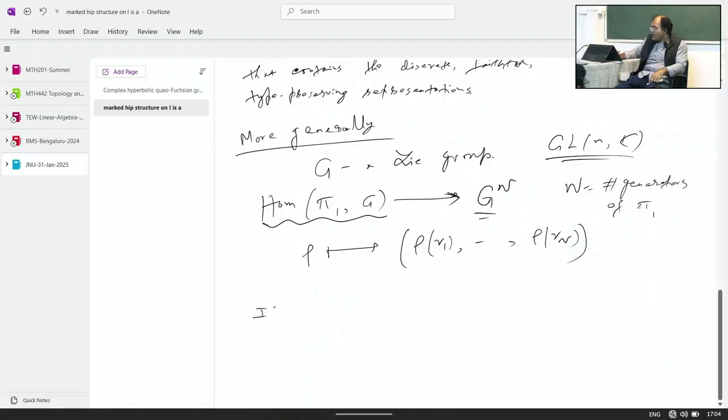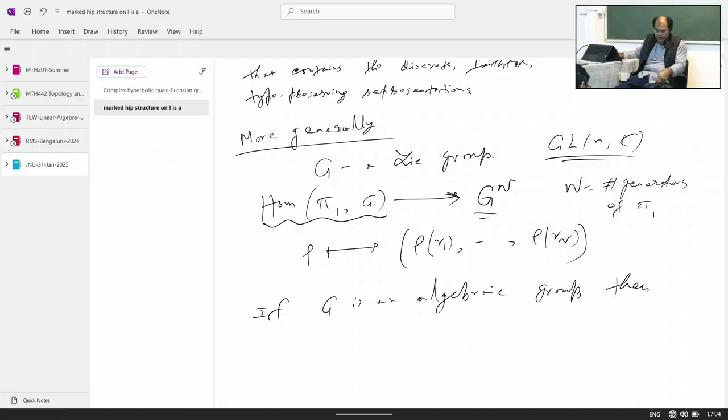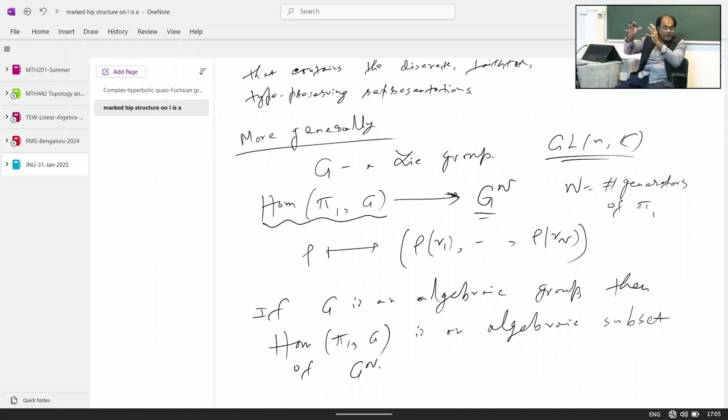And if G is an algebraic group, that means if you can think of G as the zero set of some polynomials, then Hom(pi 1, G) is an algebraic subset of G to the power n, and you can also view it as an algebraic object.